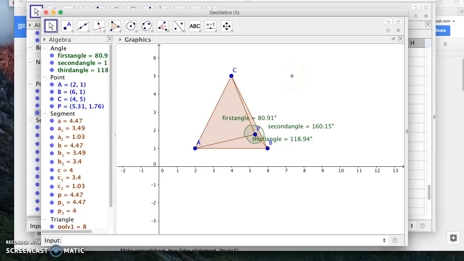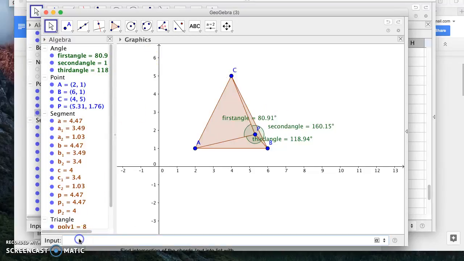So if I hit Command R again, I can see that this angle right here is acute. And so in this triangle, there are going to be 2 angles above 90 and at least maybe 1 below 90, if not all of them are above 90.